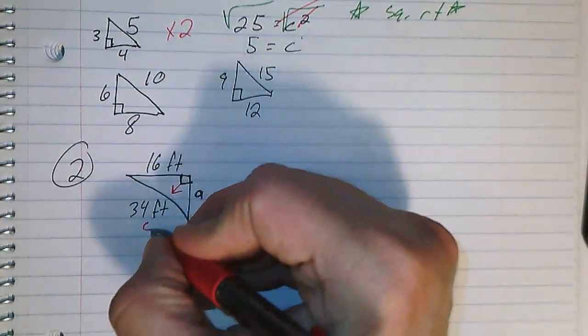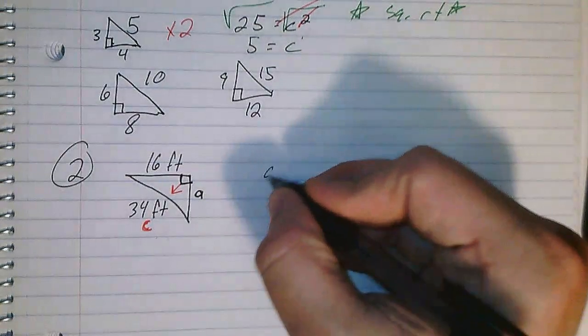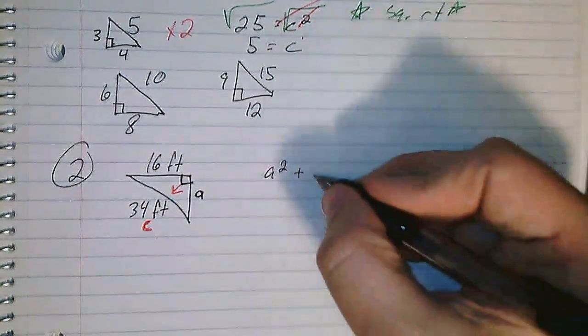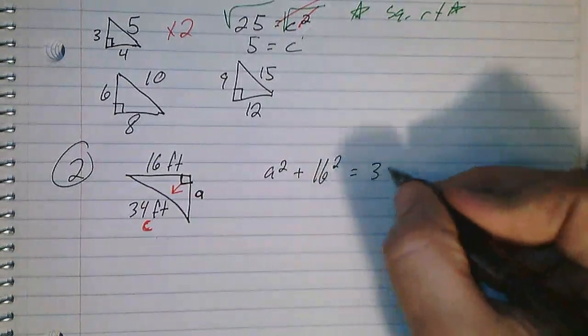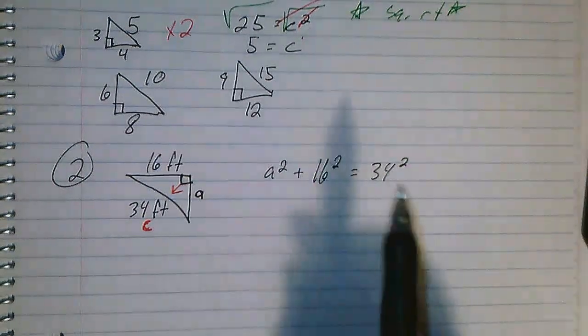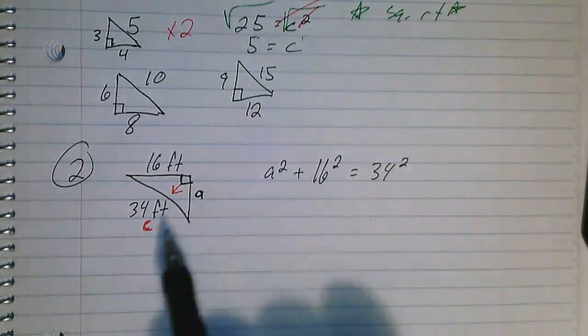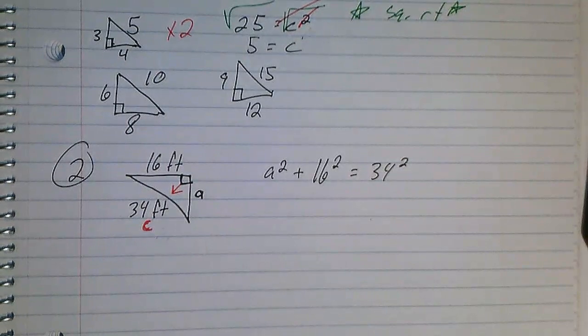That is our C. If we're across from the right angle, that's our C. So our formula is A squared plus B squared equals C squared. We are not solving for the hypotenuse now, we're solving for a leg. And so we just subtract.